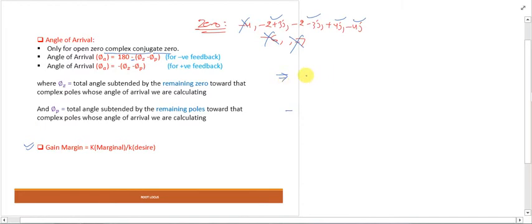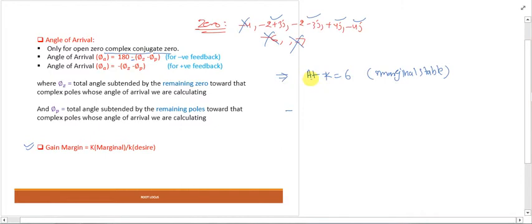If it is given that at k equal to 6 the system is marginally stable, we solved a number of problems on the basis of this formula, but just consider an example.